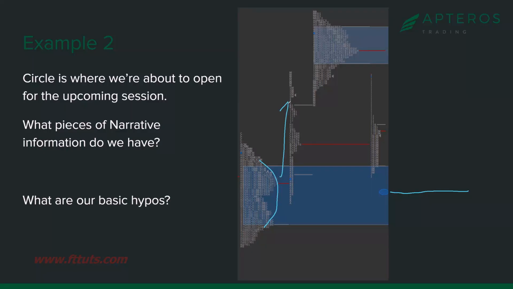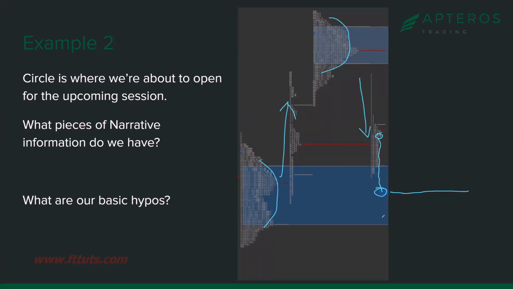We broke. We then had a multi-day balance. By the way, anytime there's these drawings, that means it's a CVA. I only draw the drawings on my CVA chart where there's CVAs, okay? And then we broke lower, and it looks like we closed here, and in the overnight session, we've actually gone here. Great job.